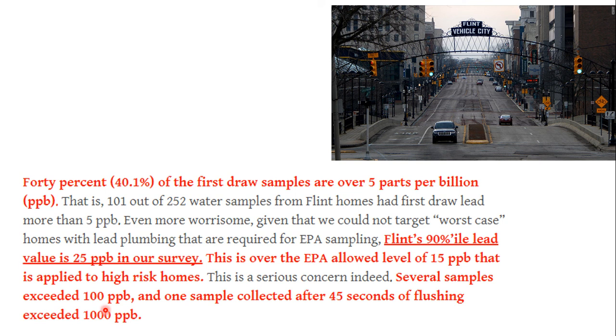Several examples were 100, and several examples were 1,000. That is way over the EPA limit. So when we were looking at lead in the Flint water supply, you're measuring it in parts per billion.